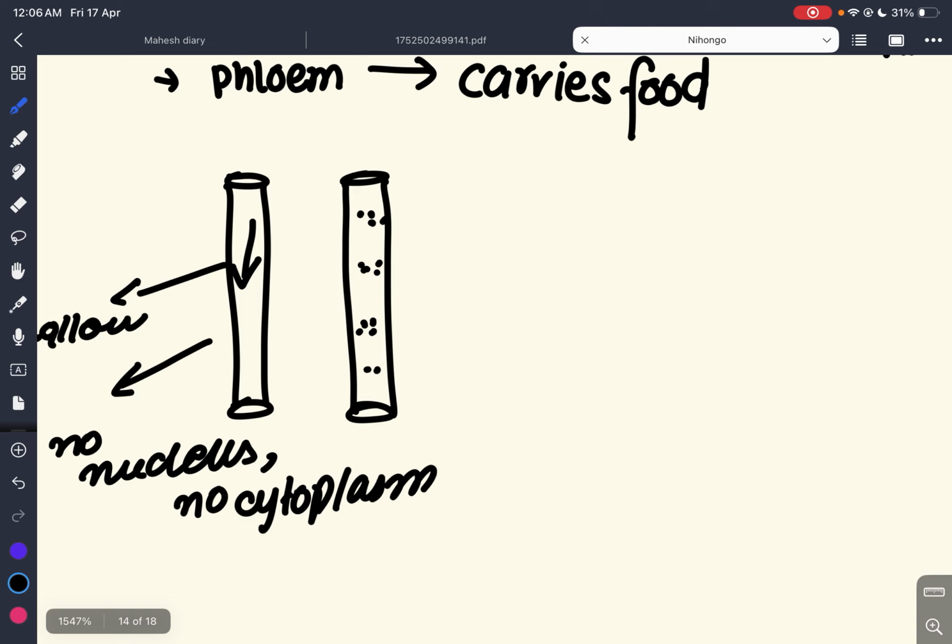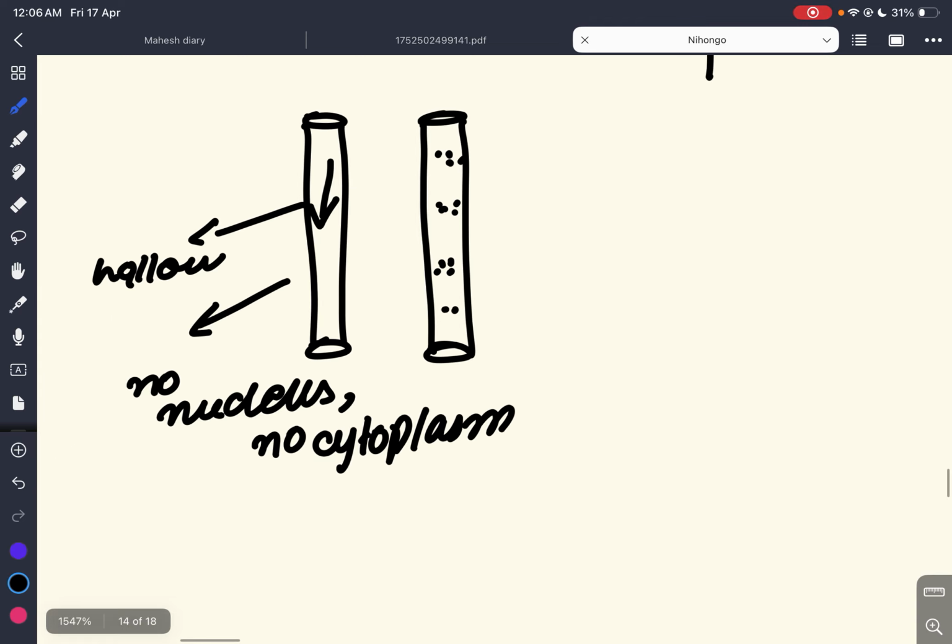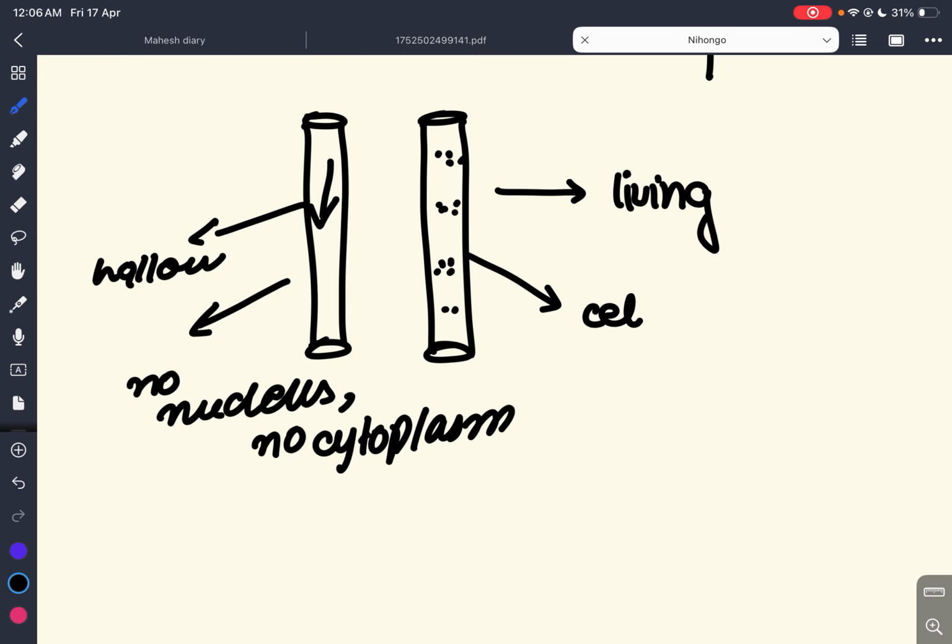Now these both tissues are working together simultaneously. If we talk about the phloem tissue, it is living. It does not have a nucleus, but it has cytoplasm, to give it a living ability. It also has a cell wall, which is made up of cellulose.